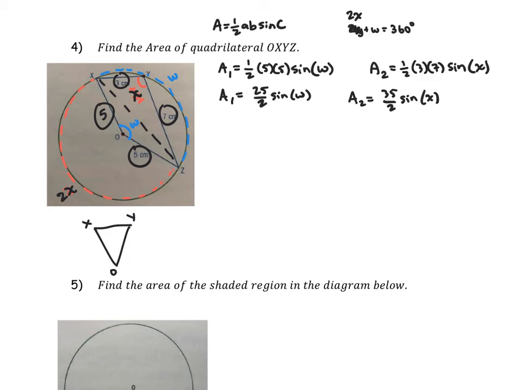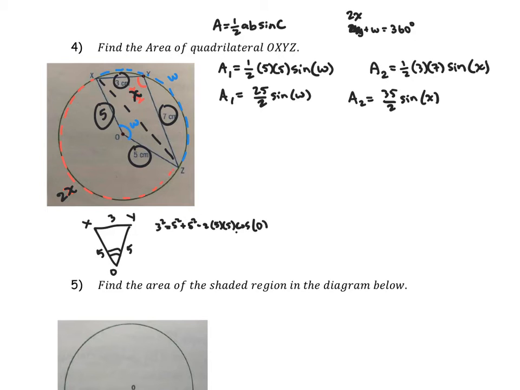Okay, this will be an isosceles triangle. So I can find this angle using the law of cosines. So I would take 3 squared equals 5 squared plus 5 squared minus 2 times 5 times 5 times the cosine of the angle in between.